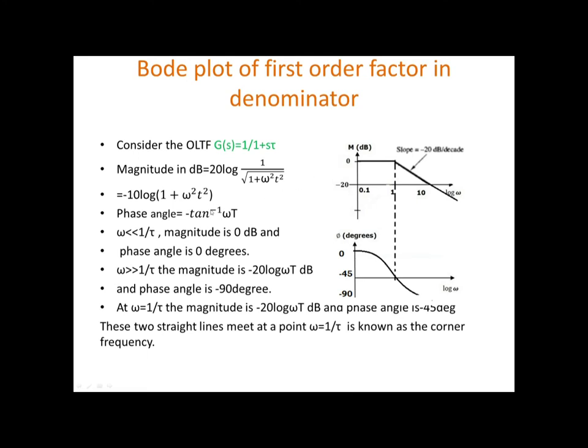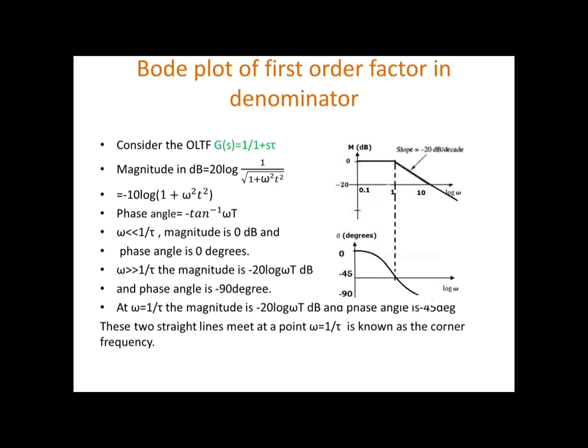So now consider the cases. First, consider when omega t is less than 1. That means omega is less than 1 by tau. So here it is the low frequency portion. Then omega tau, or omega t, is assumed to be negligible, and the magnitude becomes 0 dB.